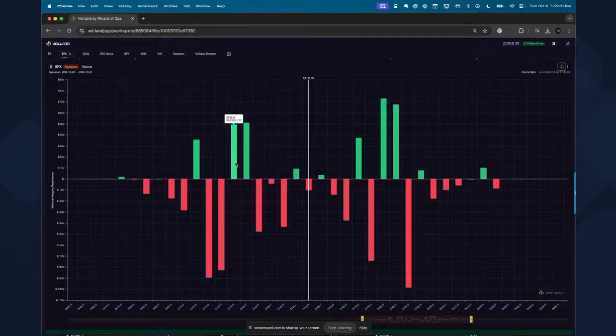You have these magnets. The magnets can also act as what I consider to be pivots. So yes, we could get through 5765, but we could hit 5770. And to me, at that point in time, that becomes the pivot, right? I want to know if the market is going to essentially flip this from, call it resistance, to then support.